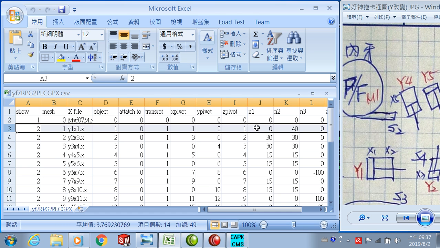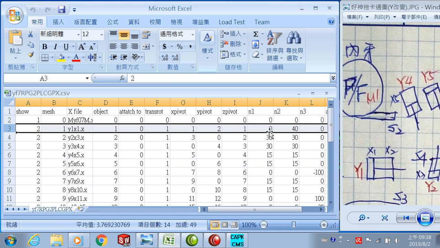How to move? The definition is N1, N2, N3. N1 is S, N2 is Y, N3 is Z. So in here, as Y1 on, this is S, Y, Z, but in the animation the YZ is changed. So N2 is Z. So S, Z, Y.